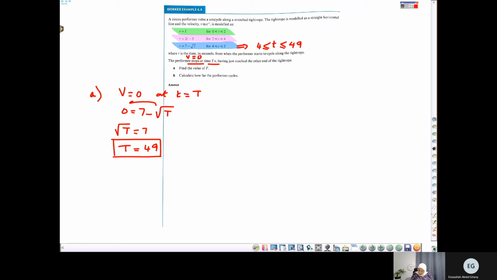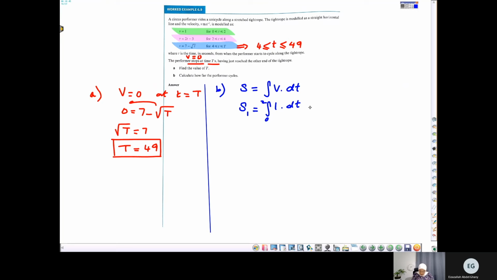Find how far the performer cycles. The first part is displacement. In general, displacement equals integral of velocity with respect to time. For the first stage, S1, you are integrating 1 dt from 0 to 2.